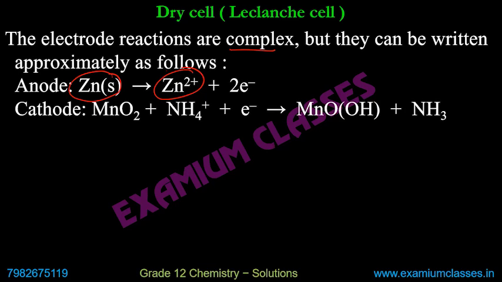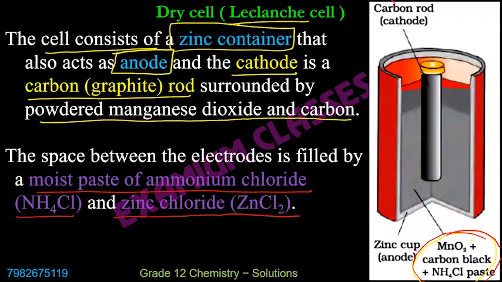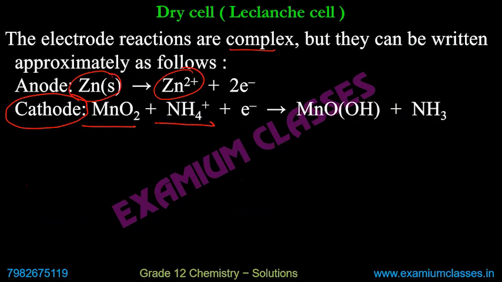At the cathode is a carbon rod. Here, manganese dioxide will react with ammonium chloride and will get converted to manganese oxide and ammonia.